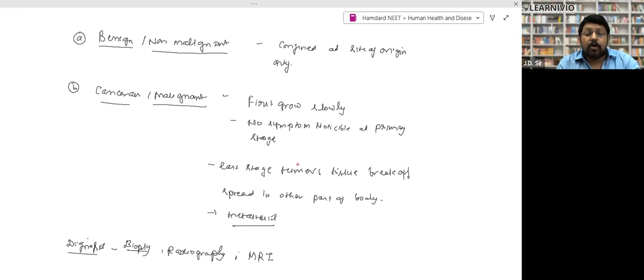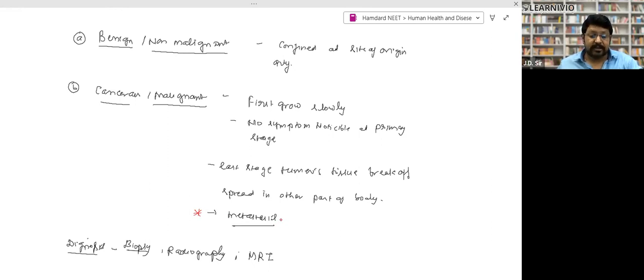Yes, sir. Very, very important question. What do we call the stage when the tissue of a malignant tumor breaks out and spreads through the body? This stage is called metastasis. Note it down.